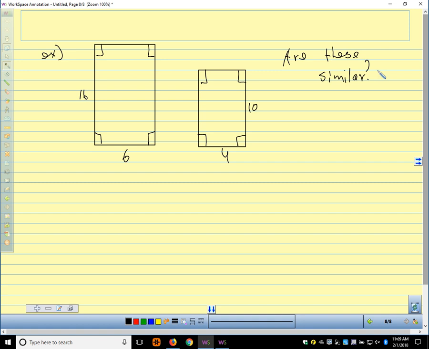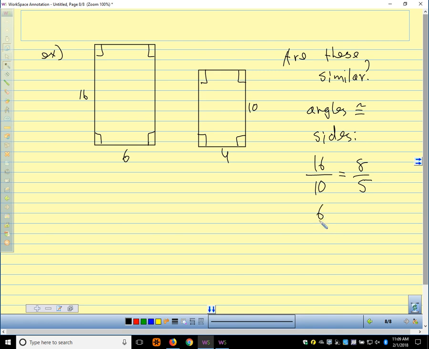Well, now we need to see if the sides are proportional. So I'm going to make ratios of the sides. I'm going to say angles congruent, and we're going to look at the sides. So what side am I going to compare with the 16? 10. 16 over 10 I can reduce to 8 over 5, dividing everything by 2.